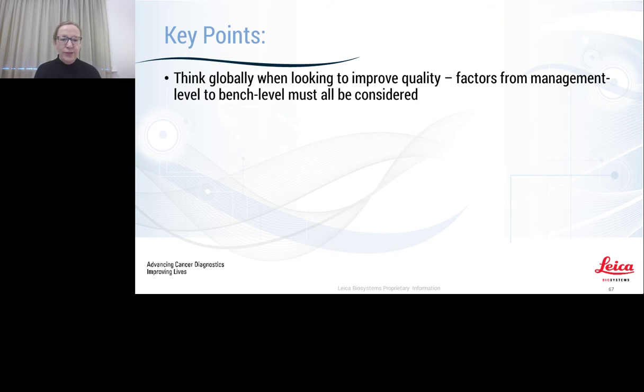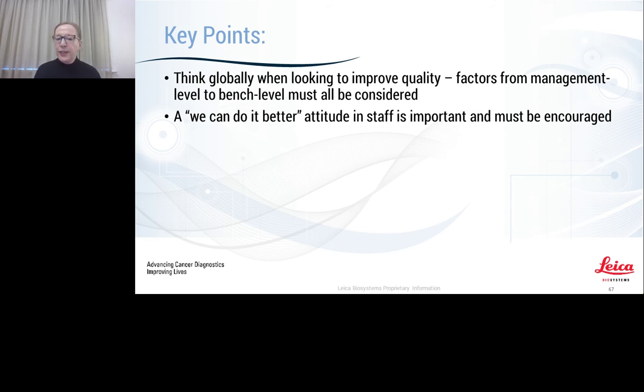So some key points, and this is from the previous webinar to this webinar. It's really important to think globally to improve the quality. You need to think of all of the different causes from both management level, which could be staff and training or fatigue, as well as the myriad bench level issues that need to be considered.